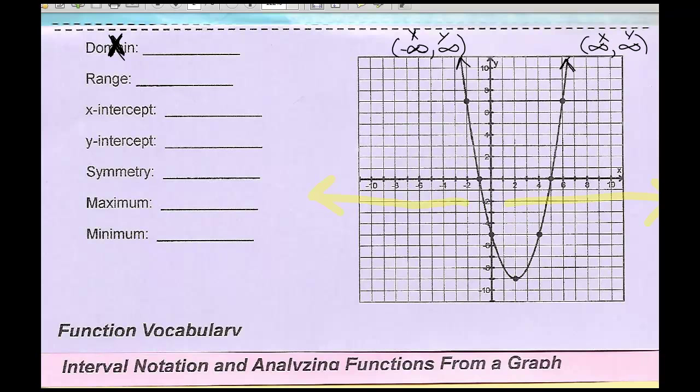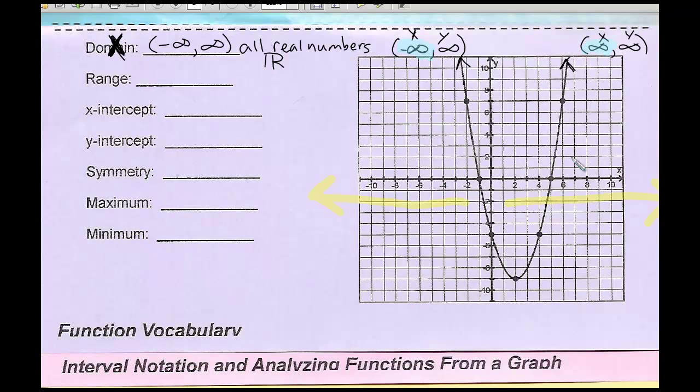So for the domain, I want to see what is happening to all the x's. Well, the x's are going from negative infinity to positive infinity. This is all real numbers. You can use this symbol to denote all real numbers.